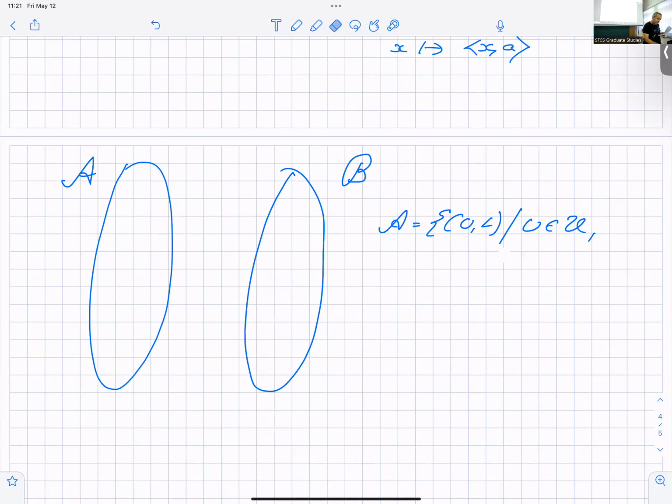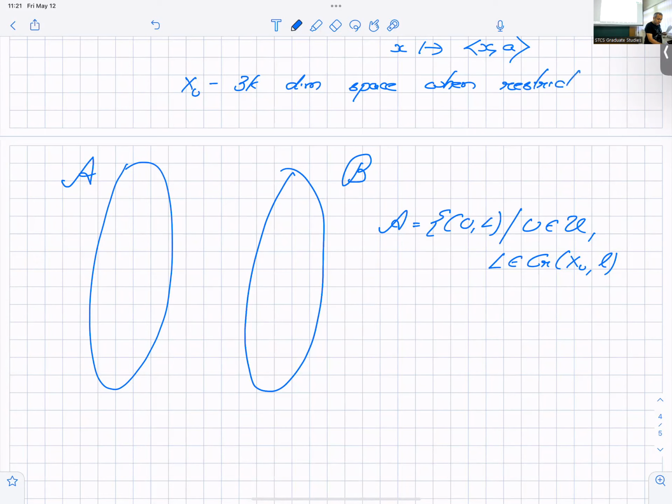L is in the Grassmannian of X_U. X_U is the 3k dimensional space when restricted to variables in U.